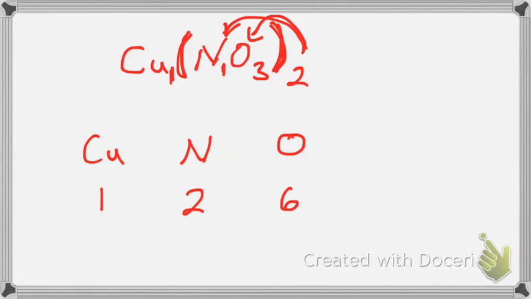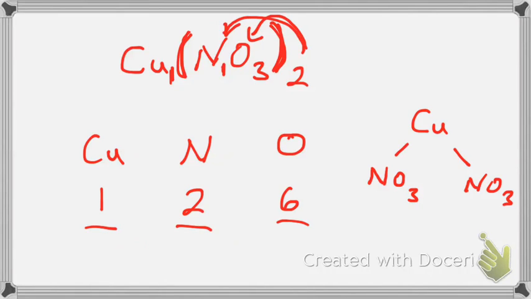So if we counted up all the atoms, it has 1 copper, 2 nitrogens, 6 oxygens. If we look back at our structure, we can count them up. We see 1 copper there, we see 2 nitrogens here, and then we have 3 oxygens here, 3 oxygens here, for a total of 6 oxygens.